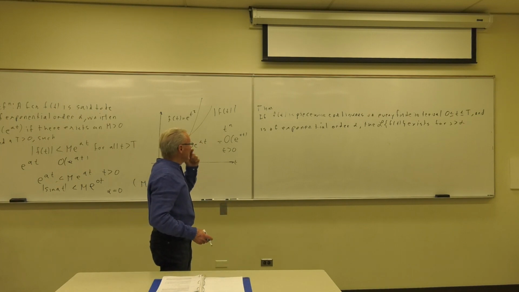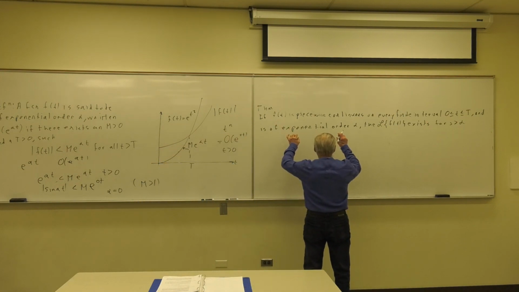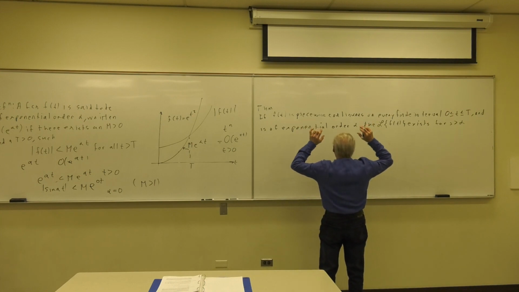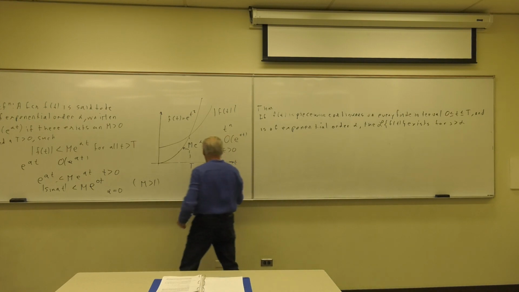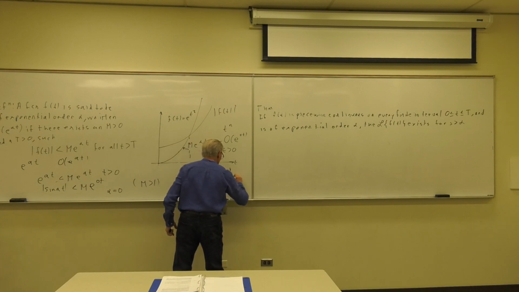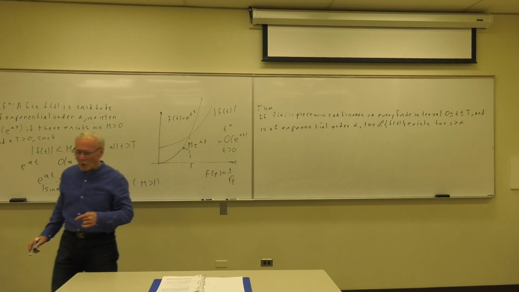Now these are sufficient conditions, right? If you've got piecewise continuity, and you've got exponential order, then you've got a Laplace transform. They're not necessary. I quoted in the book that if you look at the function f of t equal to 1 over the square root of t, is that function of exponential order?